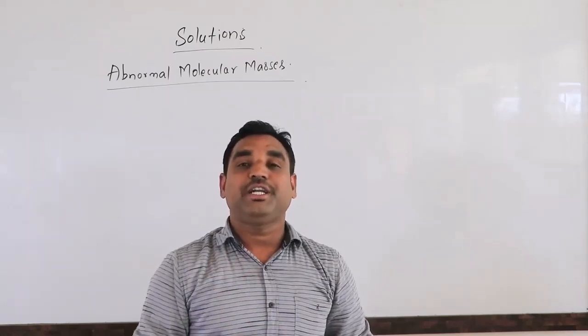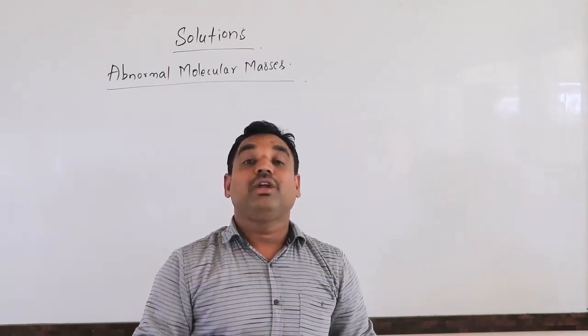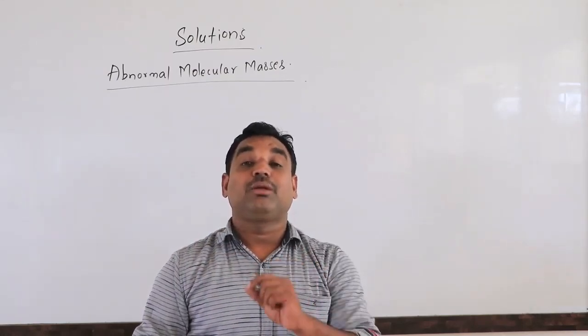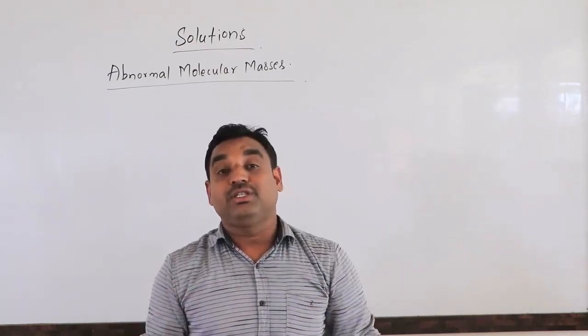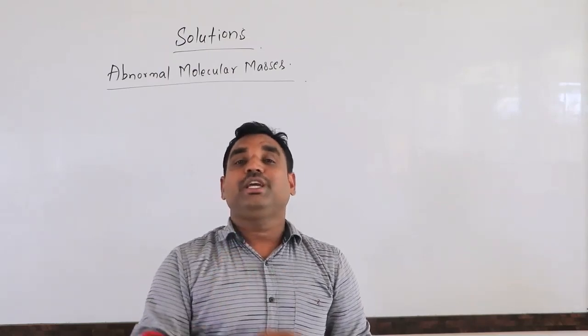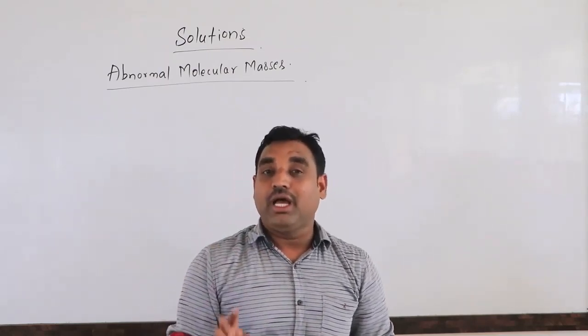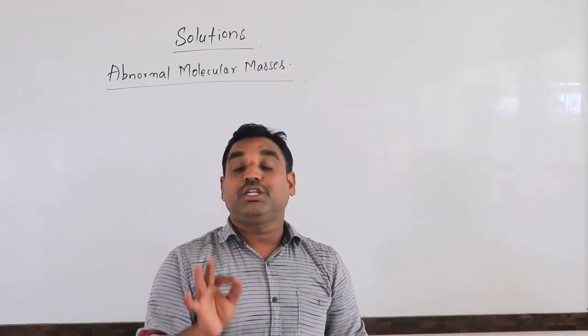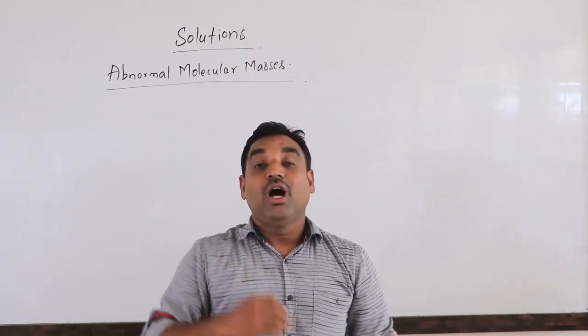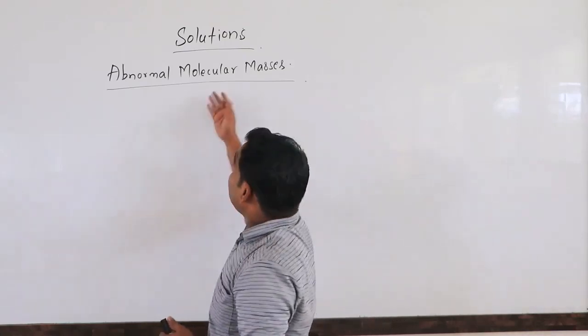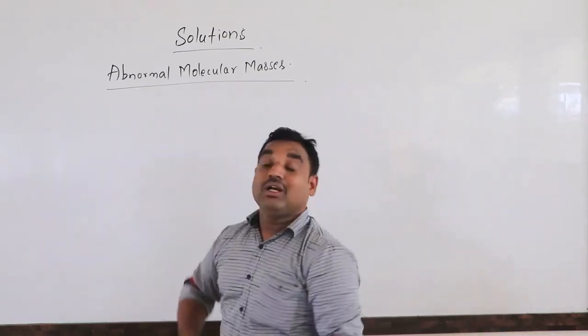If it is concentrated, we will not get the accurate molecular mass. In such cases the solutes may react with each other and with the solvent also. In both cases, if it is not dilute and dissociation or association is taking place, we do not get the accurate or theoretical value. Then abnormal molecular mass will come for the solute.